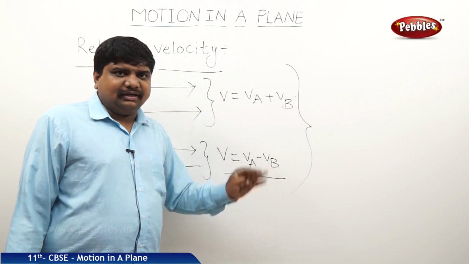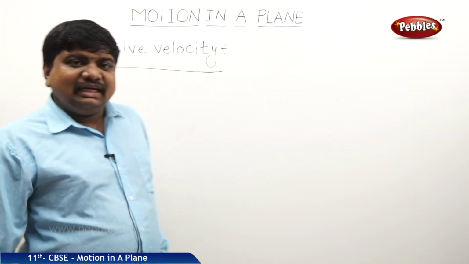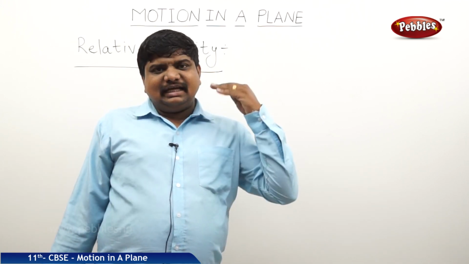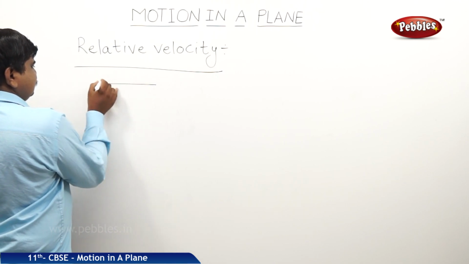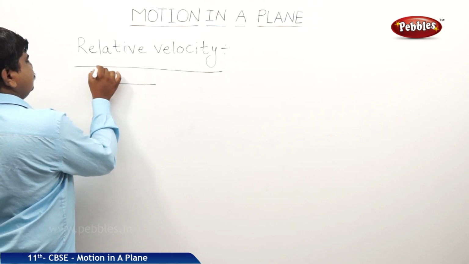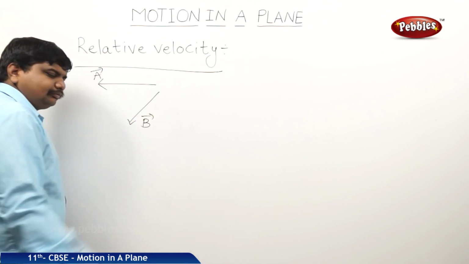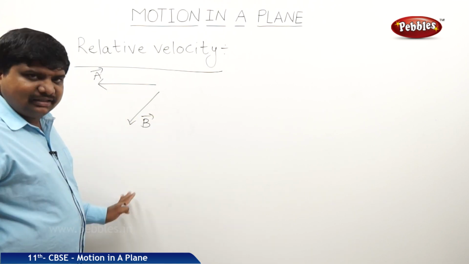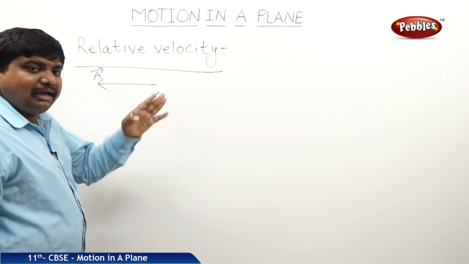So let us take two vectors which are mutually inclined on each other, but initially they are moving in opposite directions. Let us take, this is vector A, this is vector B. These are inclined on each other, means they are not at all in the same direction, they are separated by some angle.